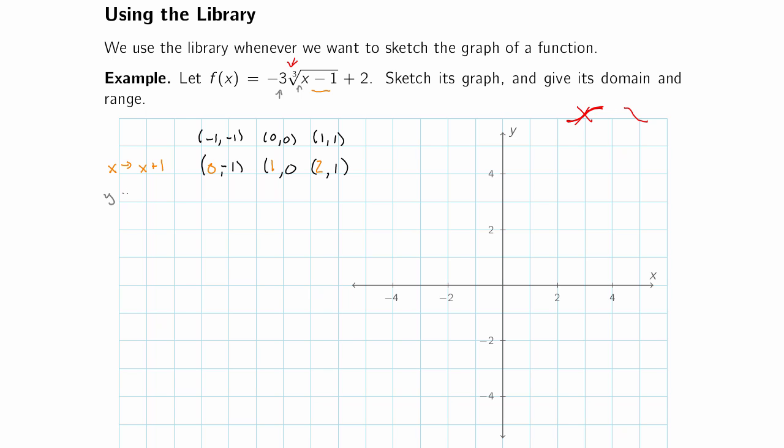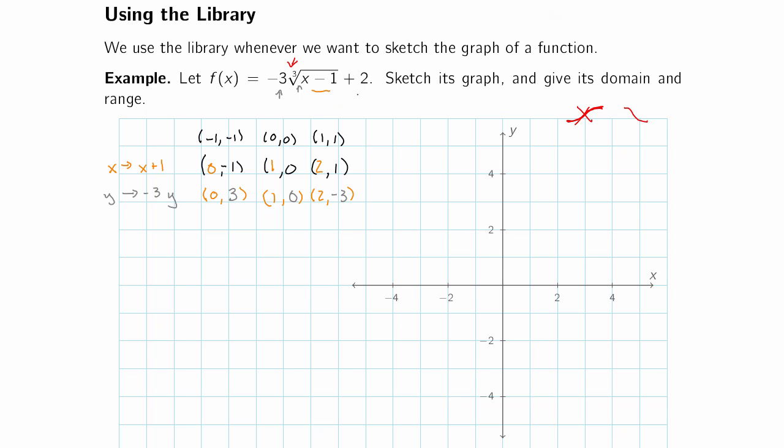Our y coordinate is going to be replaced by -3 times our y coordinate. -3 times -1 is +3. -3 times 0 is 0. -3 times +1 is -3. And now we leave our x coordinates alone, because we're only affecting the y coordinate at this step.